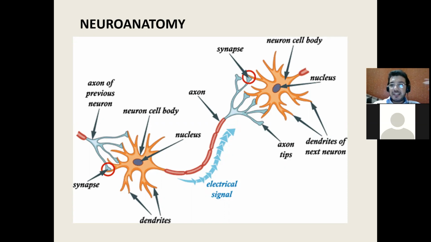That means when there is conduction of impulse in a myelinated versus a non-myelinated fiber, the conduction is very rapid in the myelinated one. Why? Because the conduction jumps. You can see that the conduction will jump from one node to the other node to the other node. This type of conduction is called saltatory conduction.